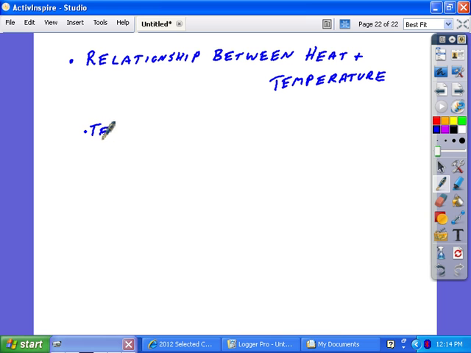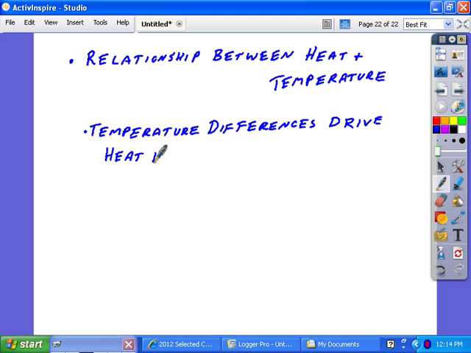So, temperature differences drive heat from high temperature to low temperature.